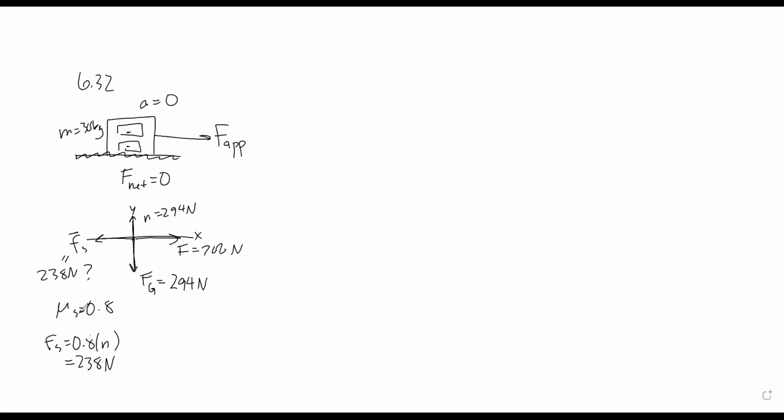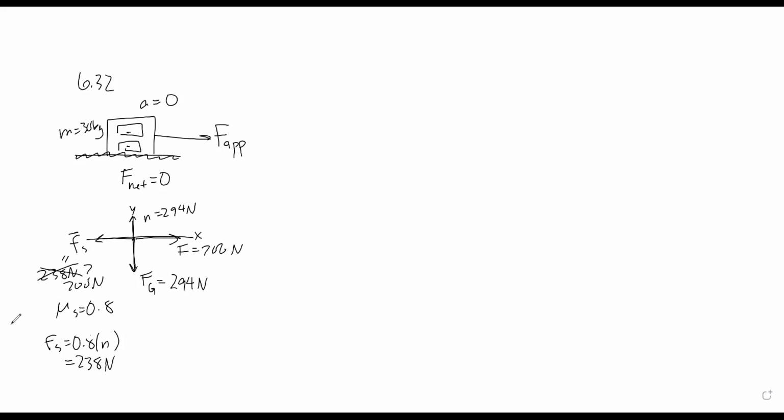So the friction force in this case is not 238, it's actually 200. What happens is that since it's not moving, the friction force equals in magnitude the applied force.